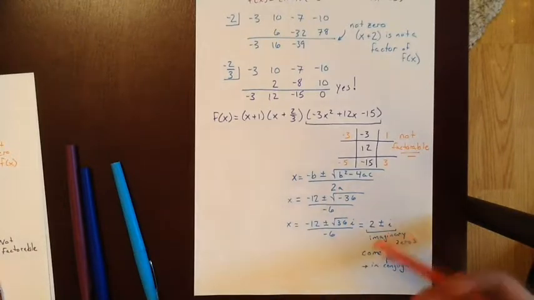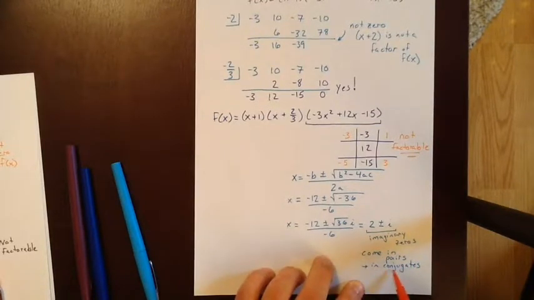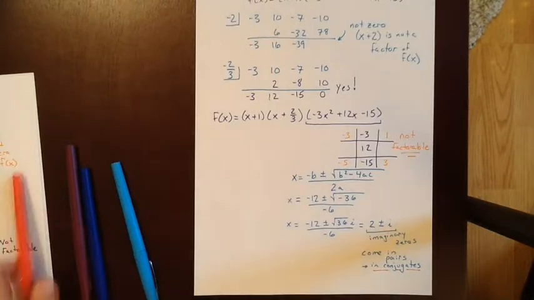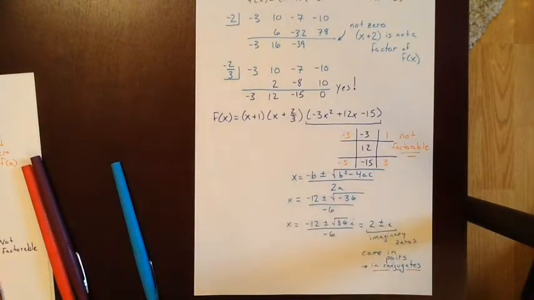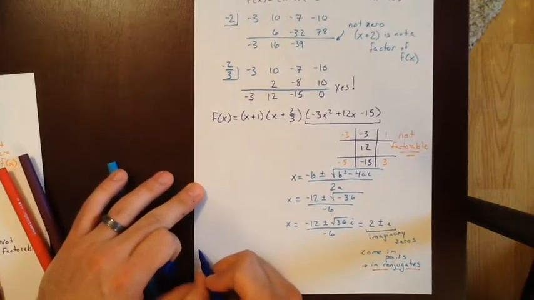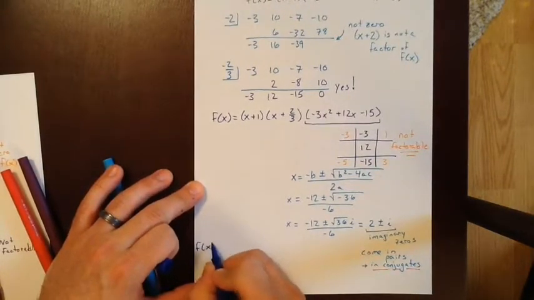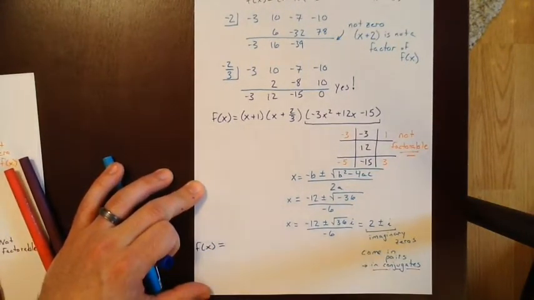That's where we have 2 plus i, and then we would have its conjugate 2 minus i. So they come in pairs and always in conjugates. That's important to know. So we have now 2 negative roots, 2 imaginary roots, which totals to our 4 complex roots, as we saw at the beginning. Now, we are at the very end.